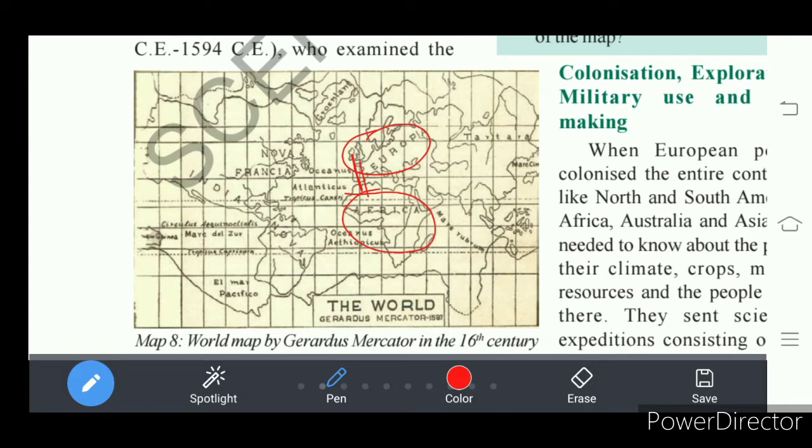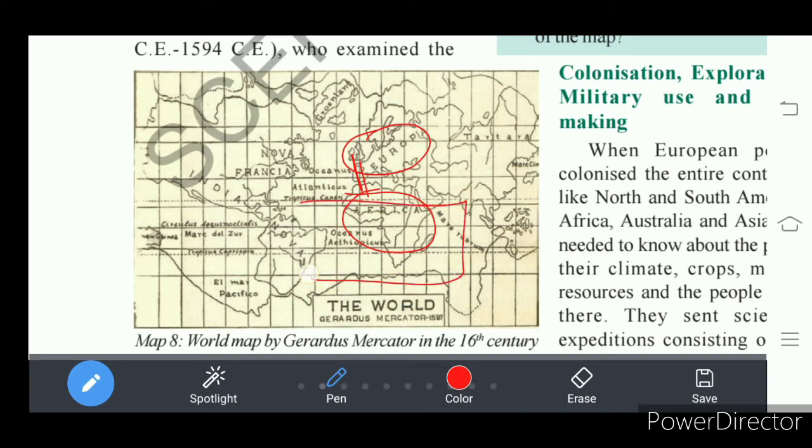By reducing the actual distance into a very small one. This is one point. And the second point: you see the Africa continent is very large, but we have shown it on this world map in a small size.